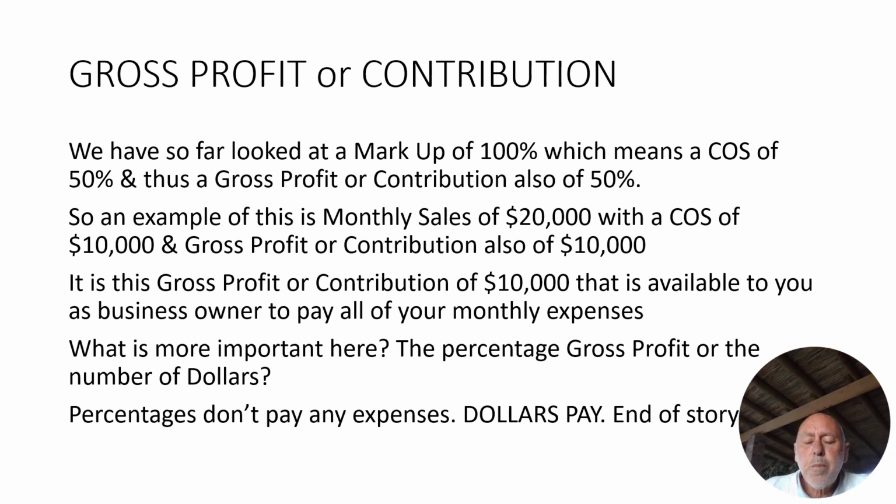The percentage gross profit or the number of dollars that you're earning? Do you want to go and tell people that you make a gross profit of 50%, but you've only got $10 in your bank account? Or do you want to tell them that your gross profit is any other percentage, 30%, 50%, whatever, but you've got thousands of dollars because lots of people are buying stuff from you?